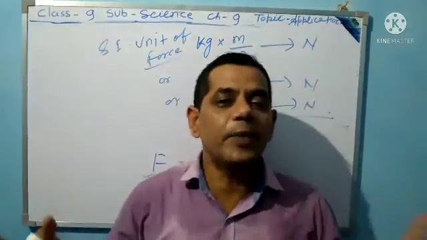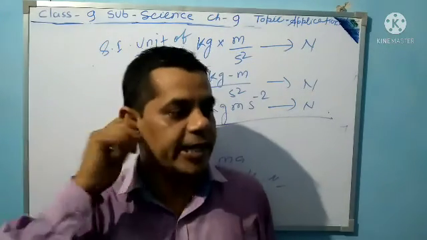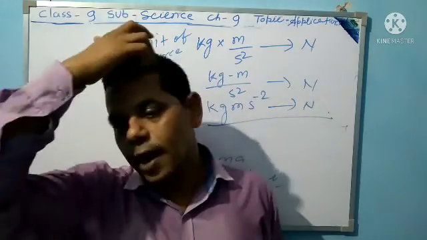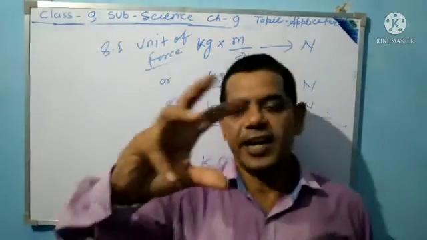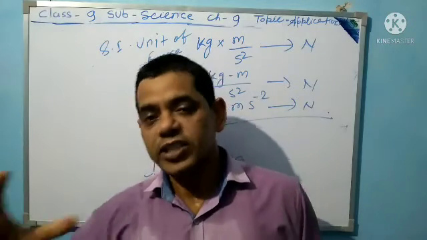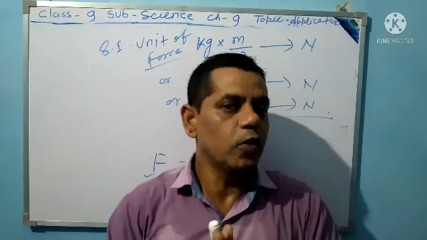Now its application: if a ball is thrown at a person and the person catches it, a force is applied on that person, and the force comes down to zero.